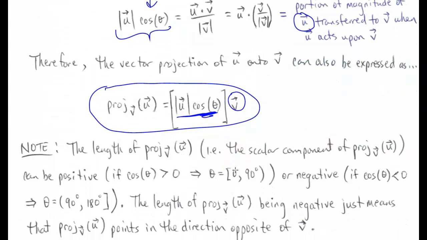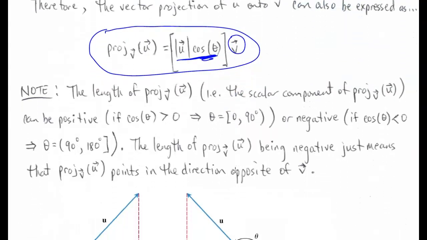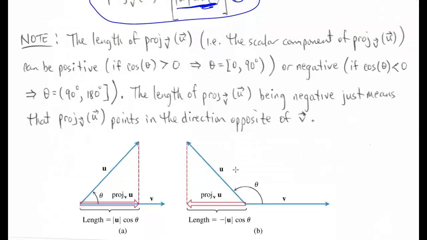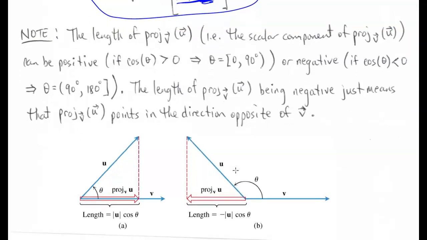Now, one of the last things I want to mention here is the fact that the length of the projection of some vector u onto a vector v can be interpreted as being positive or negative, okay?